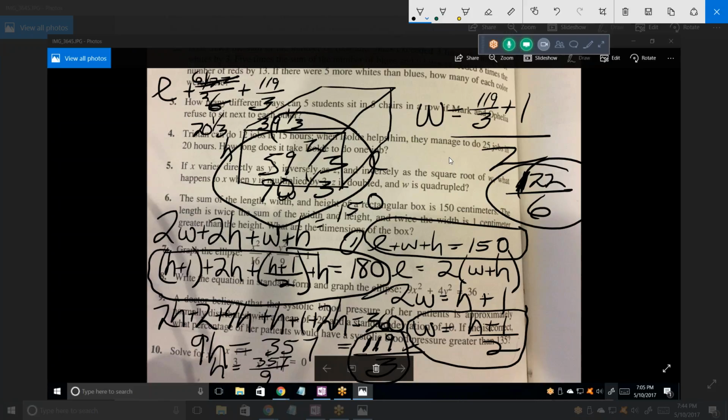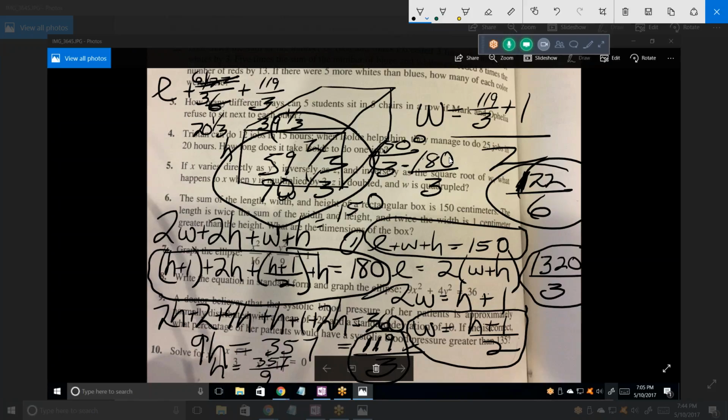So I'm really adding 61 thirds and 119 thirds, which is 180 thirds. And 500 is 1,500 thirds. So 1,500 thirds minus 180 thirds gives me 1,320 thirds. And that should be L.